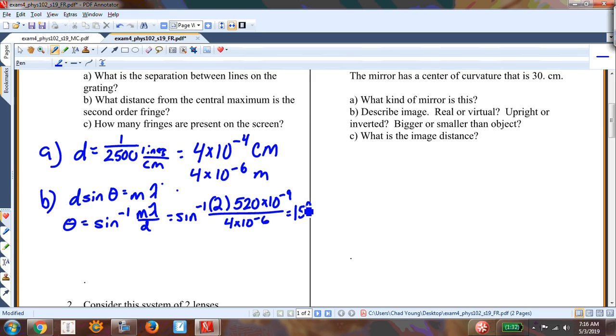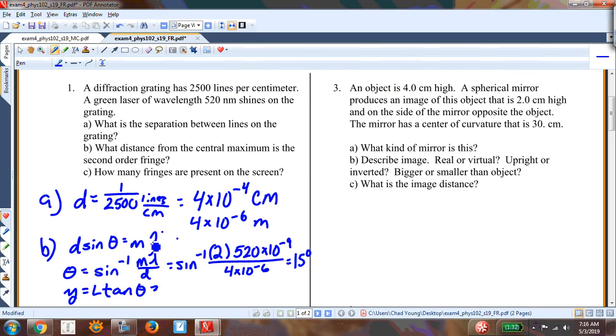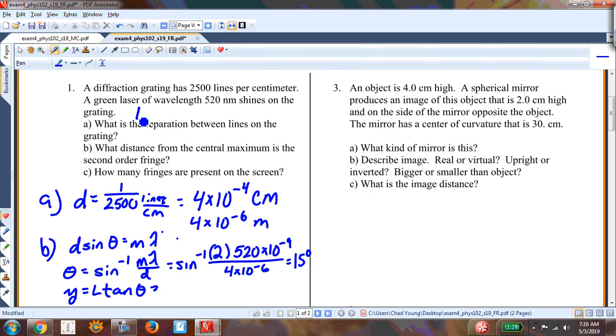And then I want to know the distance to that, so I say y equals L tan theta. Do I give the, oh, I don't give the distance between the screen and the slit. Okay, I'll include this, but we'll have L equal to, I don't know, how about 3 meters?